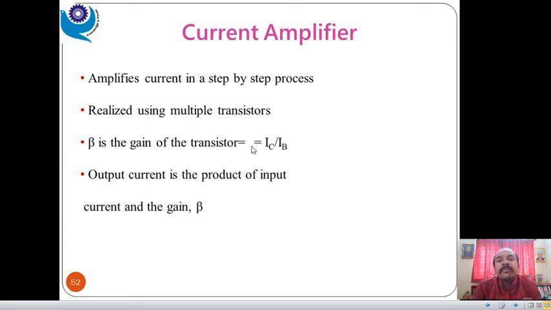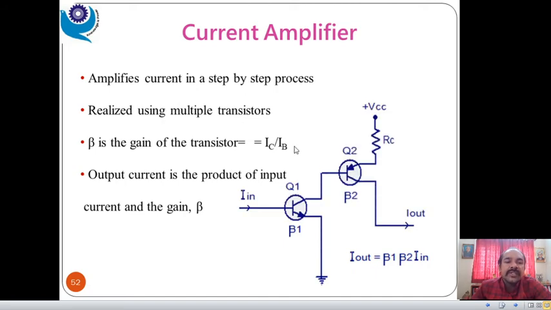Here is where the current part comes in. The current amplifier amplifies the current step by step. We can see the diagram over here. It is transistorized, with two transistors used. When we give the input, this is an NPN transistor and this is a PNP transistor.